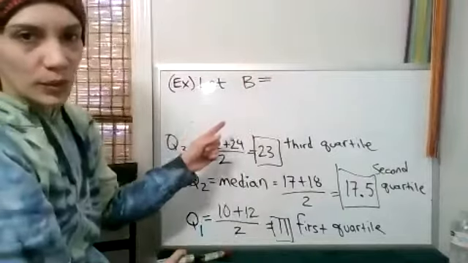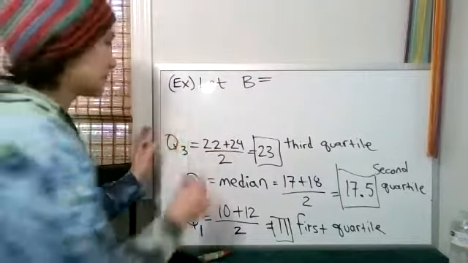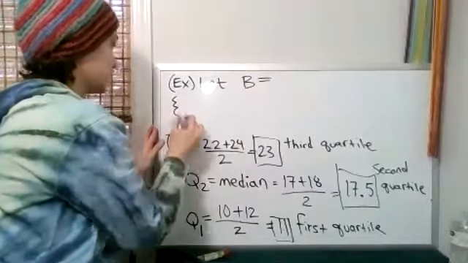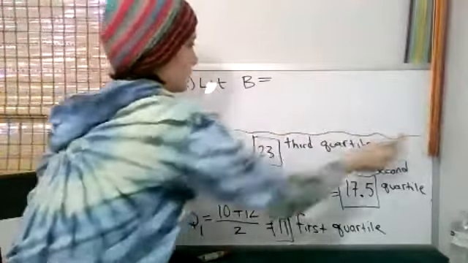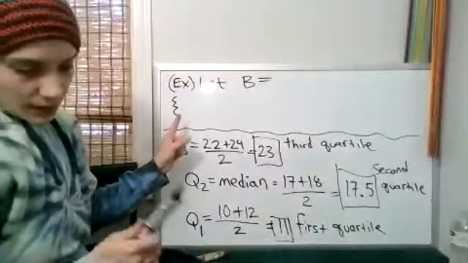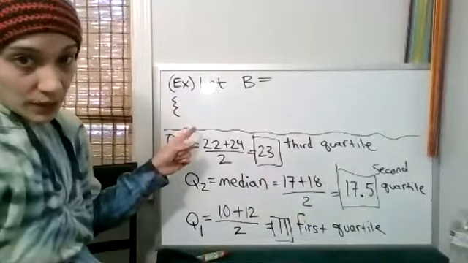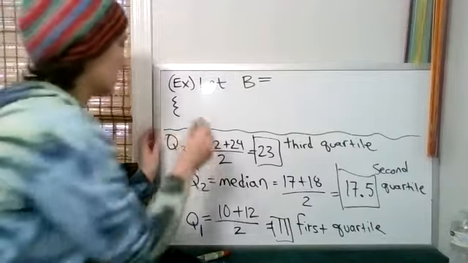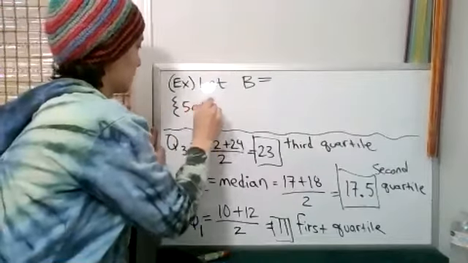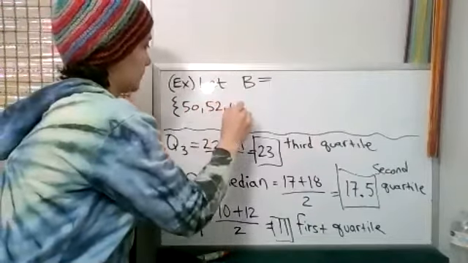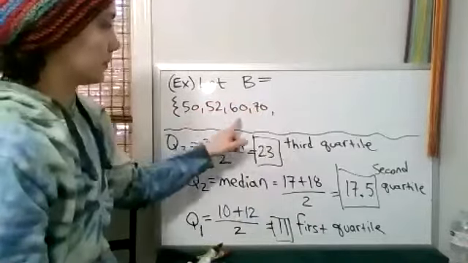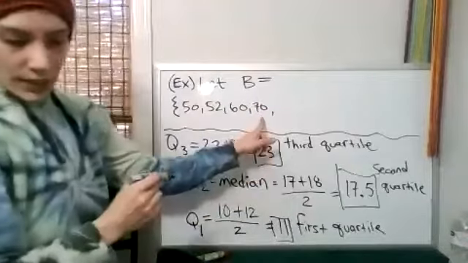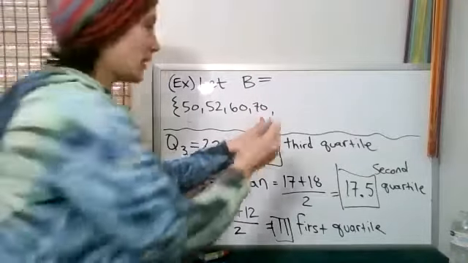Okay, B will be the set that contains 50, 52, 60, 70, with 78, 80, 85.